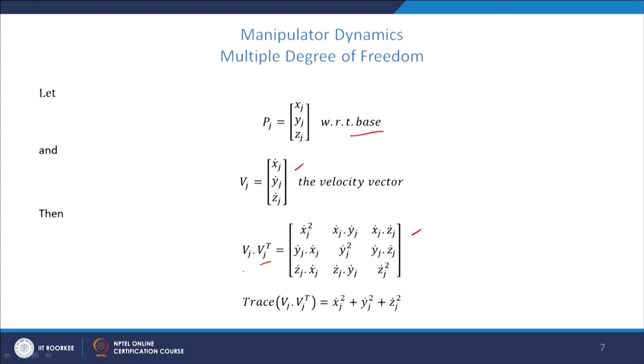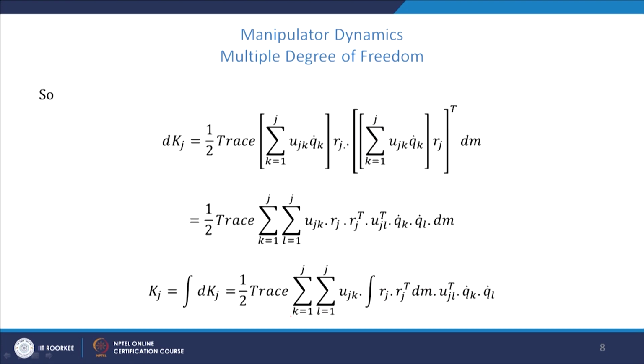Now, the trace of this matrix is the sum of the diagonal elements, that is xj dot square plus yj dot square plus zj dot square. That is the modulus of the velocity square. So, in place of the modulus of velocity square we replace it by the trace of Vj Vj transpose.